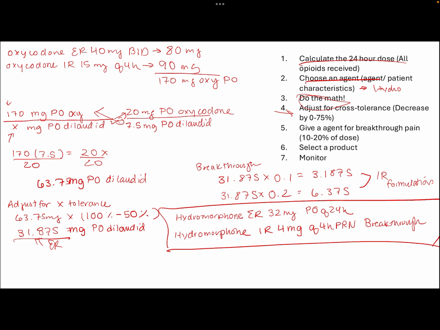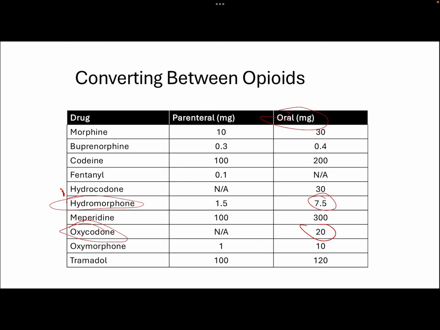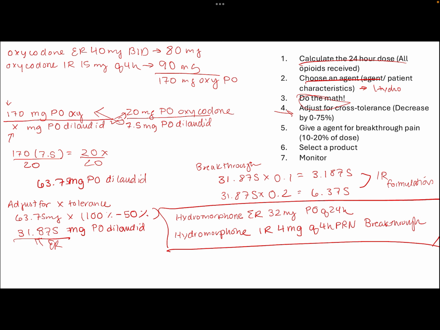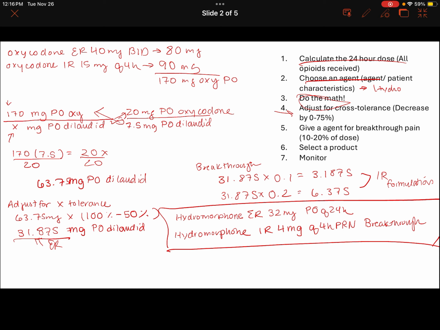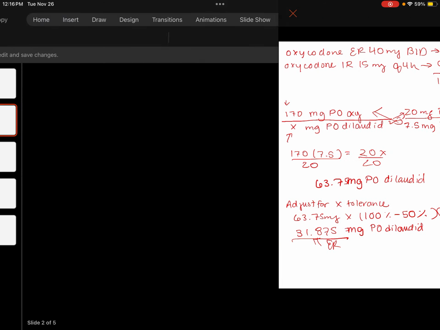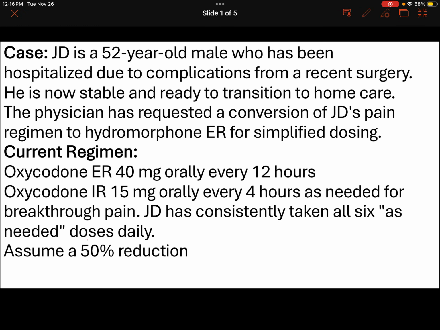Okay, let's do the problem again, but instead of assuming a 50% reduction, let's take this as a 25% reduction. Okay, so let's do it again, and we'll do it with a 25% reduction.